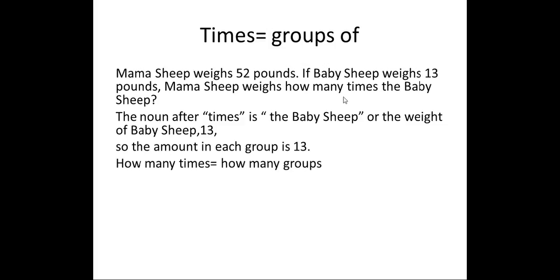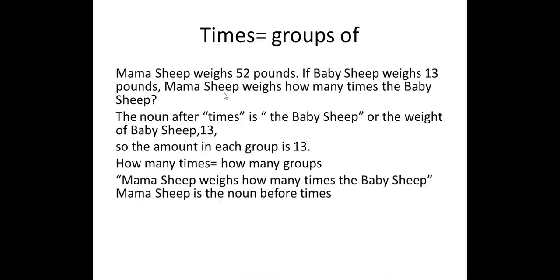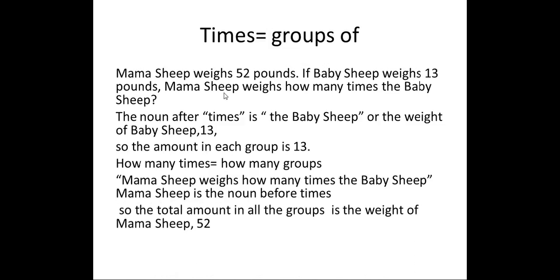Okay, now let's see which noun is to the left or in front of the word times. A noun or a subject. A noun here, mama sheep. So mama sheep, or the weight of the mama sheep, is the total amount in all the groups.